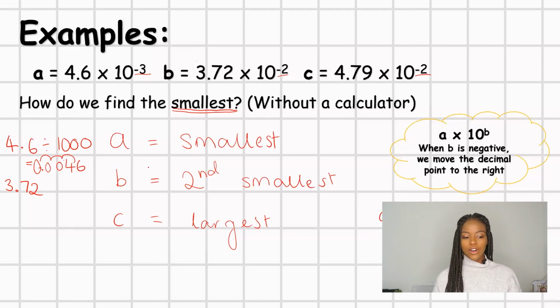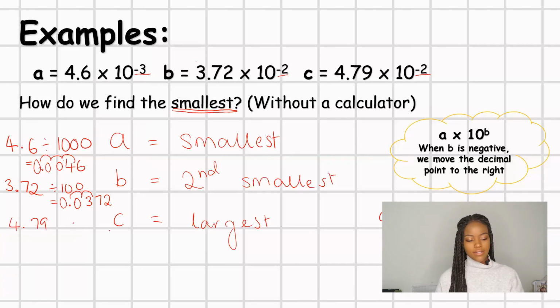B is 3.72 times by 10 to the power of minus 2, which is timesing by 1 over 100, which is just dividing by 100. The decimal point was here, but we're moving it 2 spaces to the left. So the new decimal point is there, and we fill in the space and we get 0.0372.